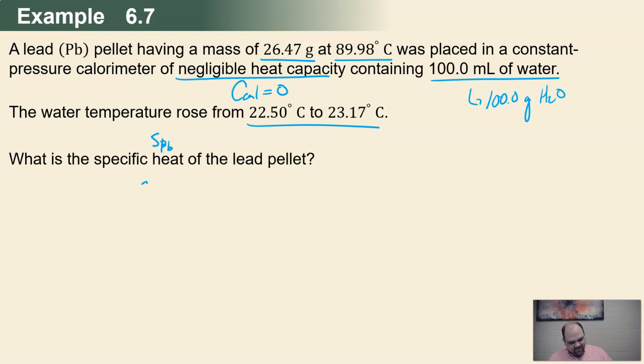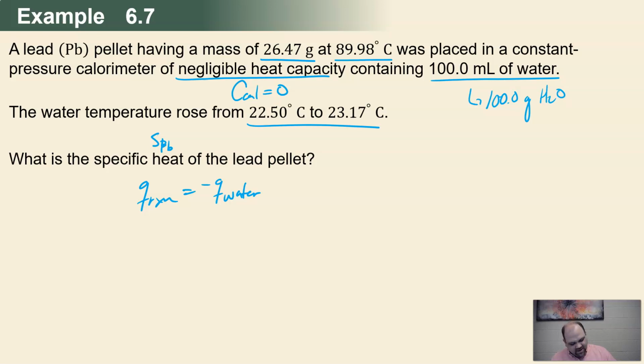So how does this set up? Well, Q reaction equals negative Q water plus Q cal, but I'm going to ignore that because it says that the heat capacity of the calorimeter is 0, therefore Q cal must also be 0. Since I'm not really doing a chemical reaction here, the heat on the left is really the heat that's lost by that lead pellet.